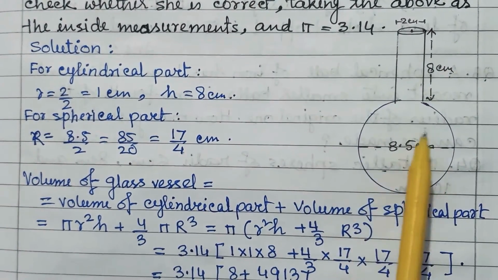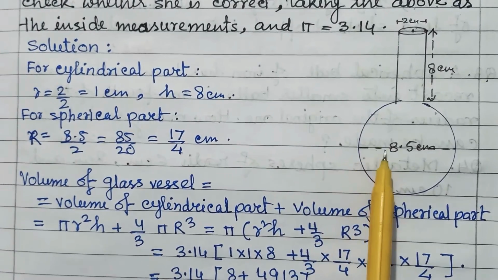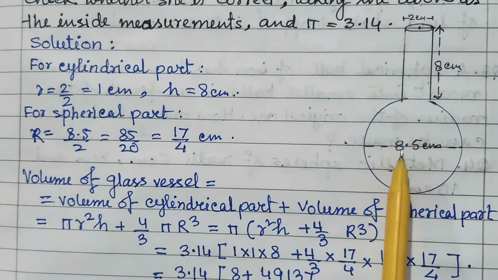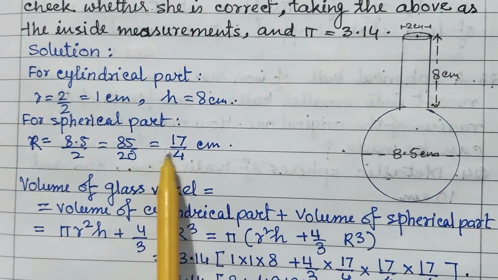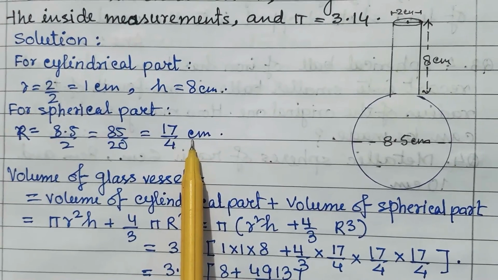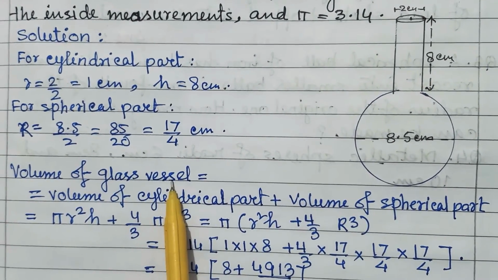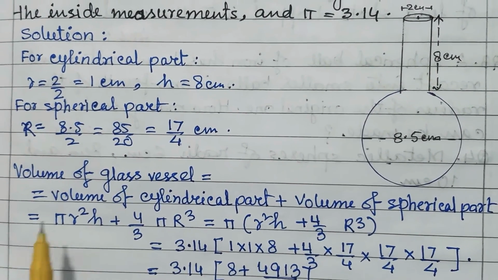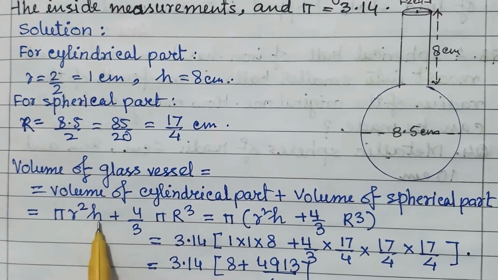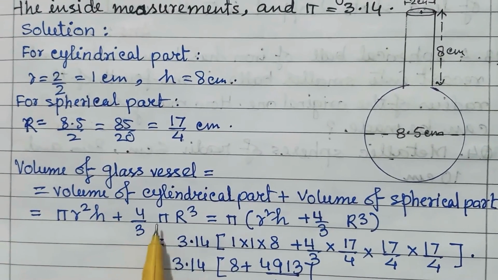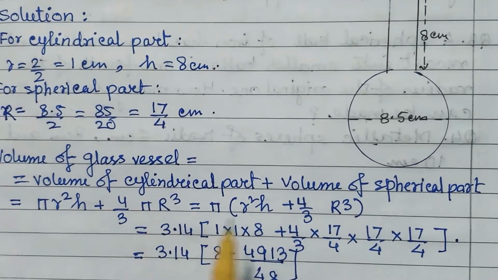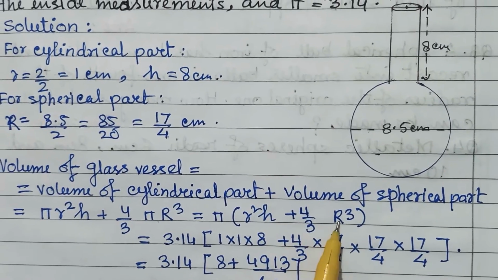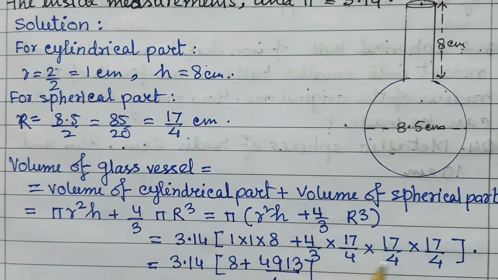And the spherical base has diameter 8.5 centimeter, so the radius is 8.5/2, that is equal to 17/4 centimeter. Now the volume of the glass vessel is the cylindrical part plus the spherical part. πr²h is the cylindrical part, plus the spherical part 4/3 πr³. Now we can take π as common, so it is r²h plus 4/3 r³. Now substitute the values.